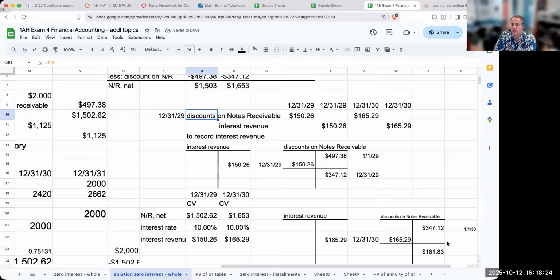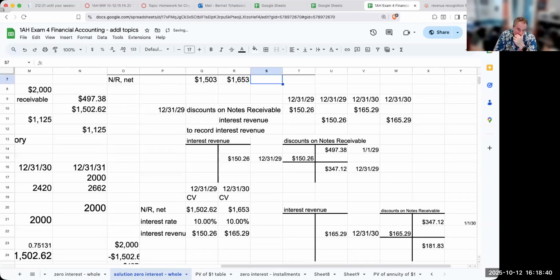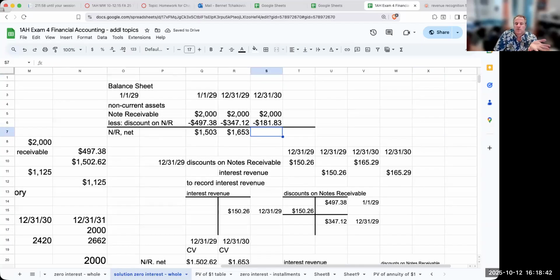I'm debiting discount on notes receivable for 165.29, crediting interest revenue for 165.29. When it comes to my discount on notes receivable, my unamortized discount is going to be 181.83. So now my notes receivable net carrying value is going to be 1,818. So almost there, right? This is being paid off on 12/31/31.